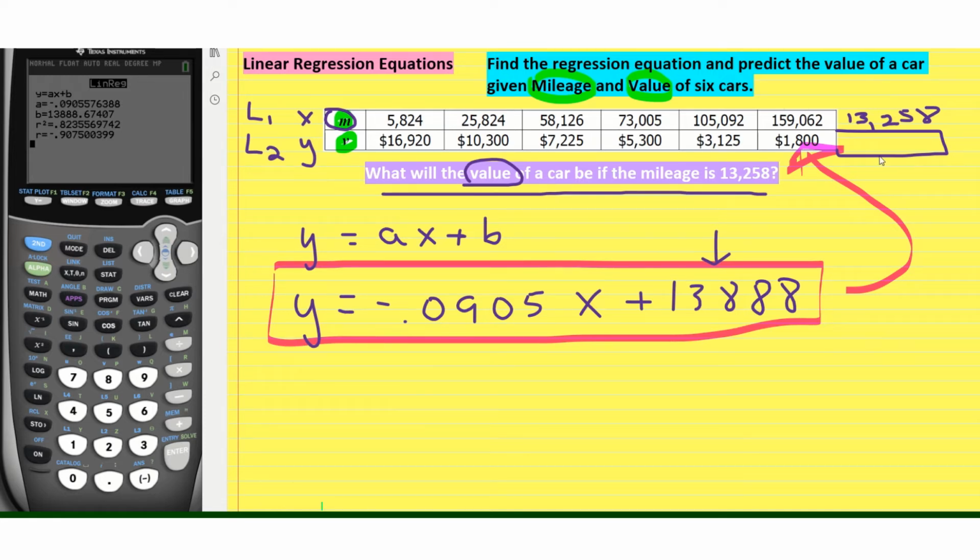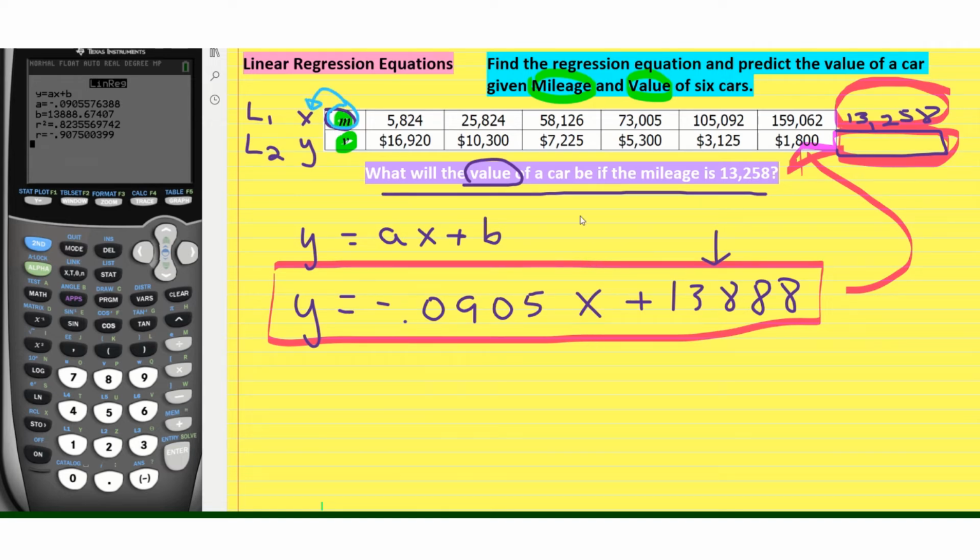That's what they want us to do over here. They want us to predict what is the value of this car when it has a mileage of 13,258 miles.